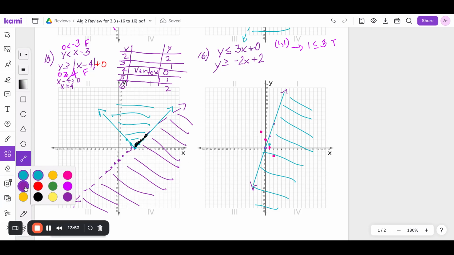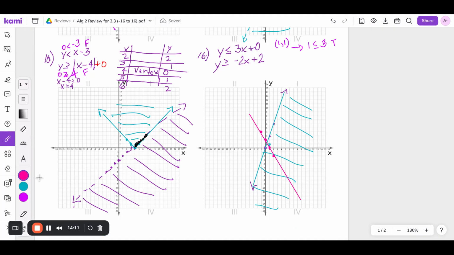I'm going to draw a line. It is a solid line because of the equal to in the original inequality. So as best I can with this tablet writer, I'm going to draw my line. It's solid, like I said. I'm going to draw my arrows because it is a line. Those are important. You need the arrows.